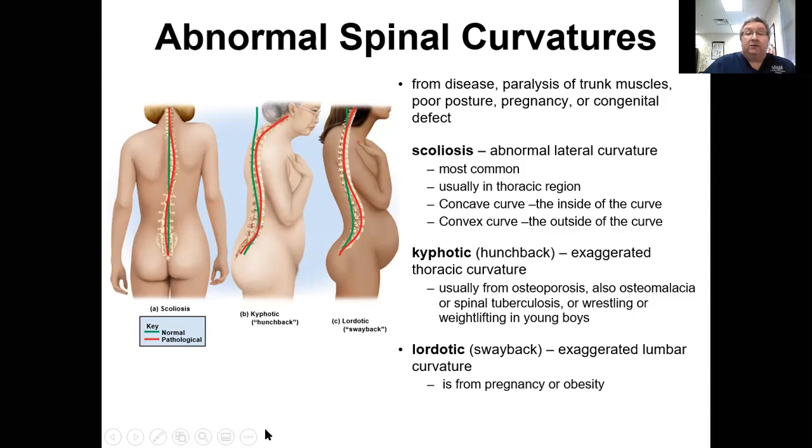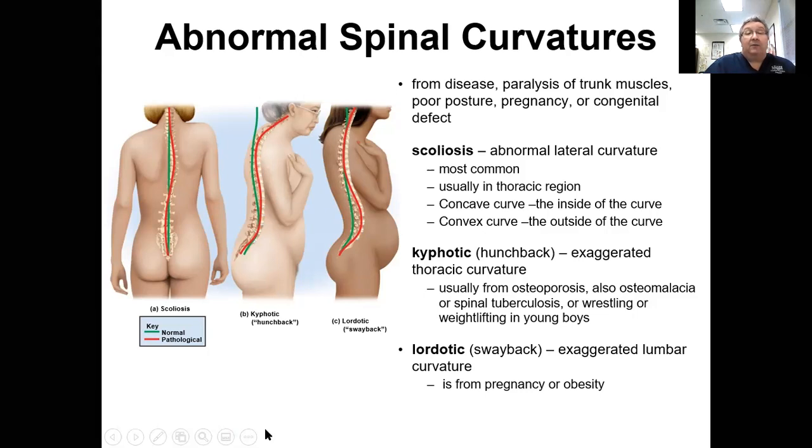All right. So what I'm going to want you to know about this is what the curves look like here. A scoliosis is a curve that occurs laterally. A kyphotic curve, all right? This is a curve usually seen in our older adults, in our elderly, and it usually occurs due to osteoporosis, the weakening of bones, osteomalacia.